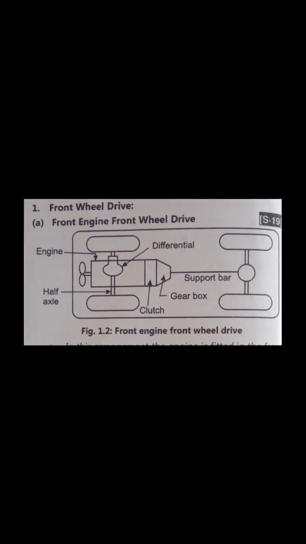The clutch and gear arrangement is also on the front side, and only a supporting bar is attached to the rear axle. This is the schematic diagram or sketch of the front engine, front wheel drive. Now, what are the advantages of this front wheel drive?